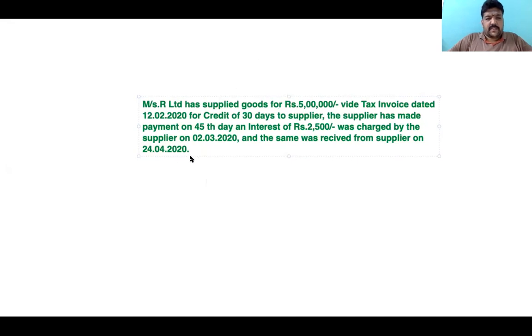In my view, a simple question. R Limited has supplied goods for rupees 5 lakhs by tax invoice dated 12/2/2020, for credit of 30 days to the recipient.